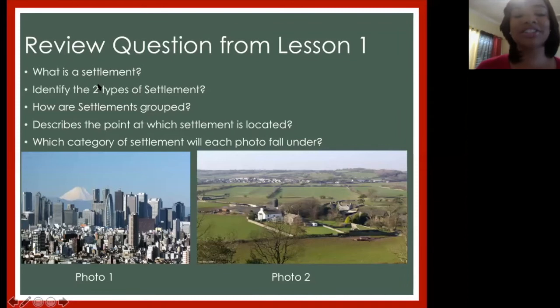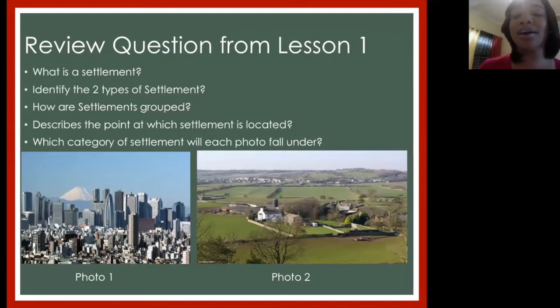So let's continue with our last question. Using the two photos below, I want you to be able to tell me which category each photo would fall under. Which category of settlement will each photo fall under?